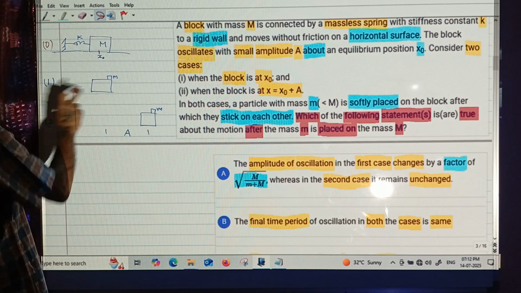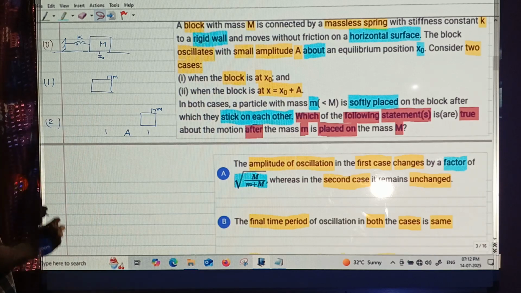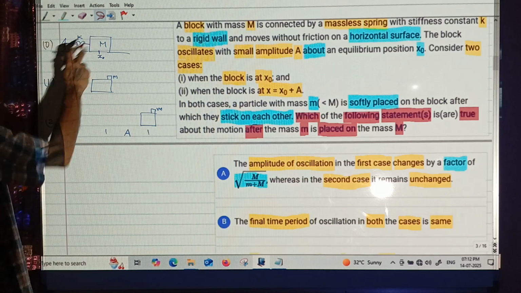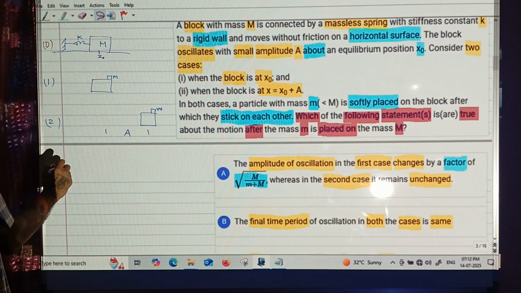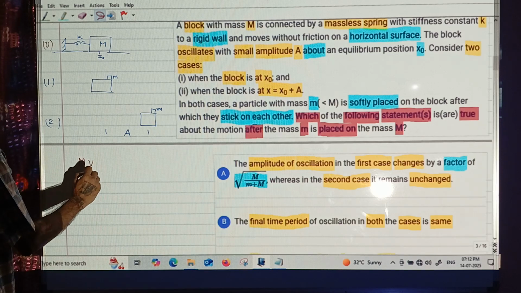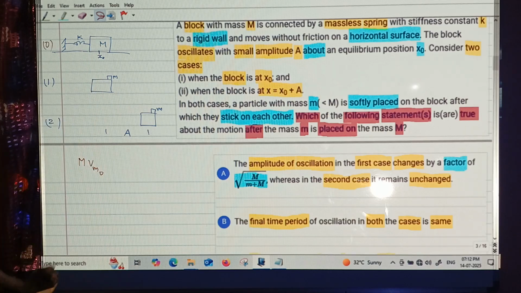In the first case, the velocity at the mean position is the maximum velocity, which I can find out by conservation of linear momentum. So the momentum of the system before this mass is placed in the first case is M into Vm0, the maximum velocity at this point in the 0 case.